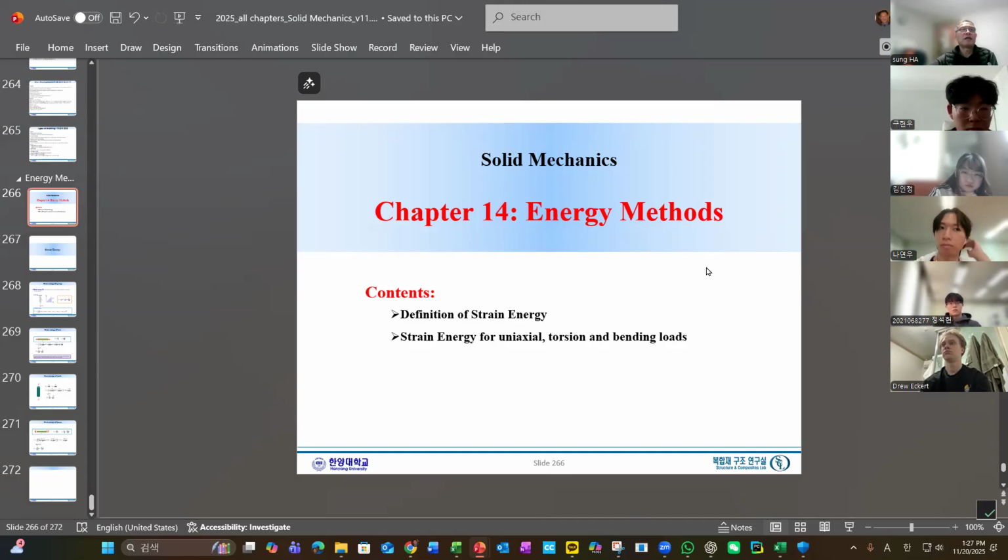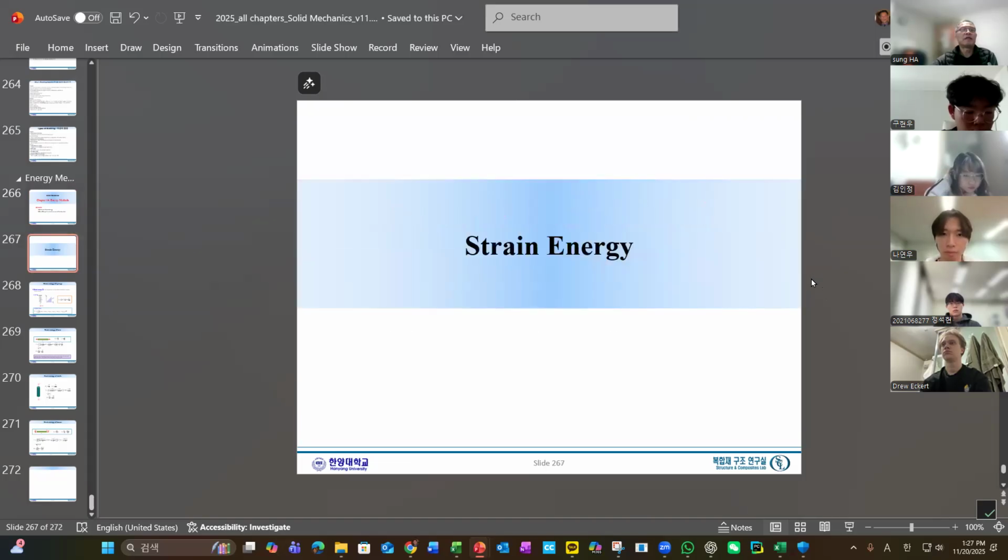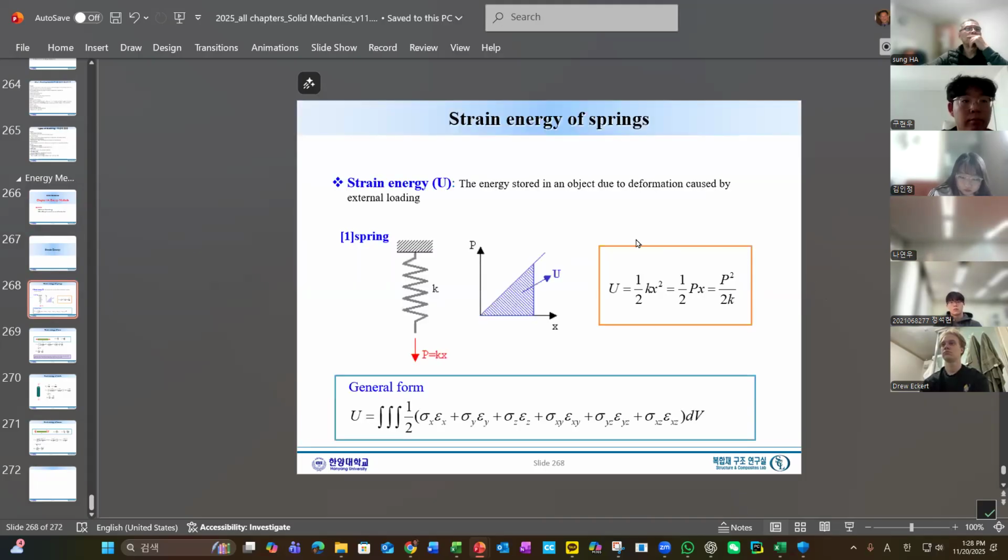So with the full understanding of the subjects we cover, additionally, it would be very nice to understand the energy method. Energy, well, this word we already know, but the energy we use in this chapter is a little bit different.